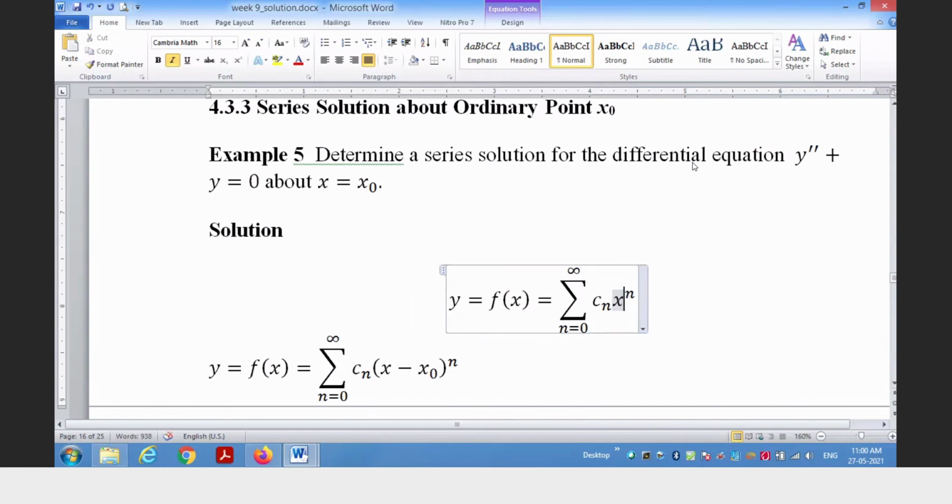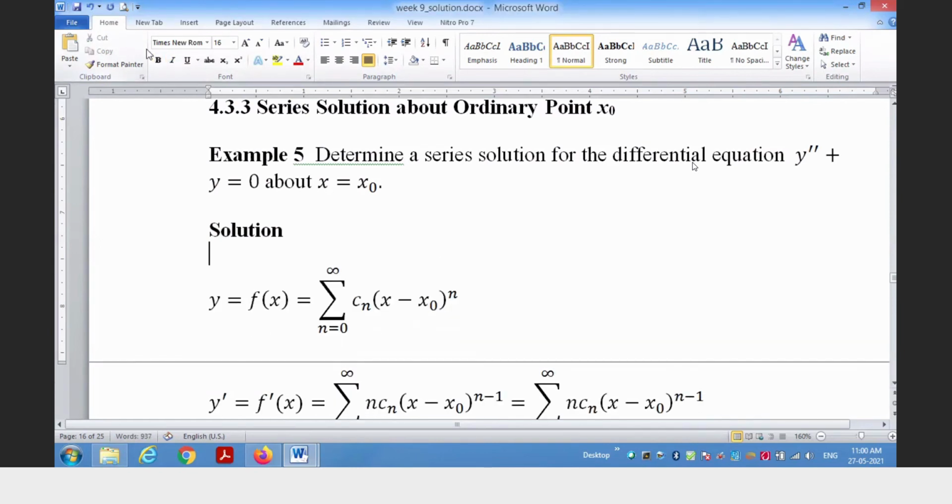So this is a special kind of Taylor series, which we call Maclaurin series. Maclaurin series is a special type of Taylor series when we expand about x equal to 0. But from now on, we assume x naught is not necessarily equal to 0. It can be any other value.